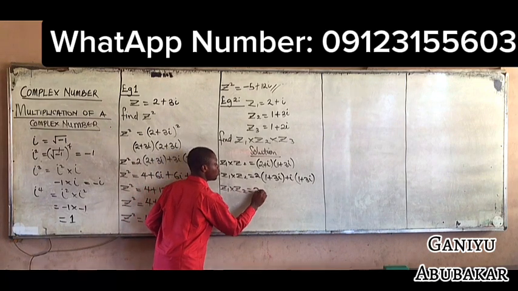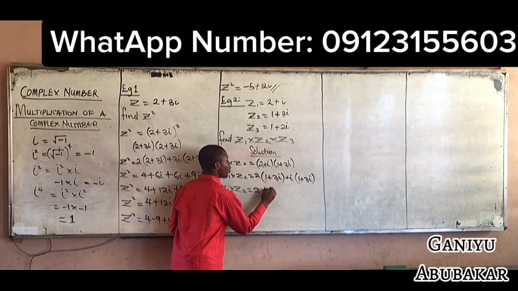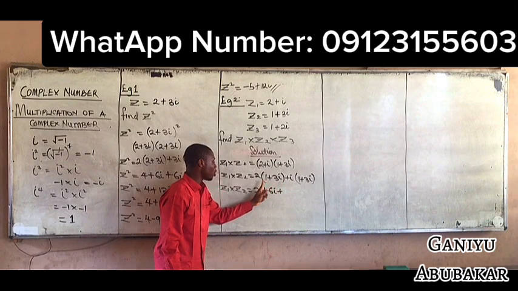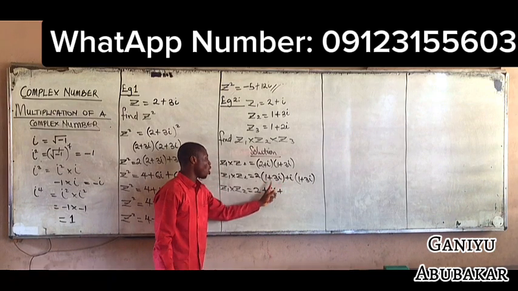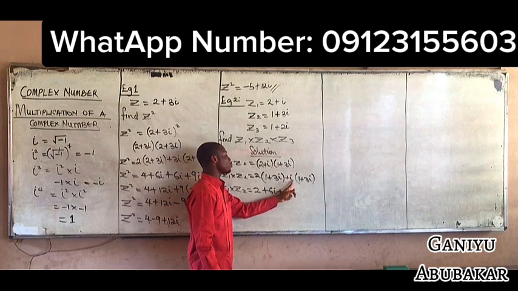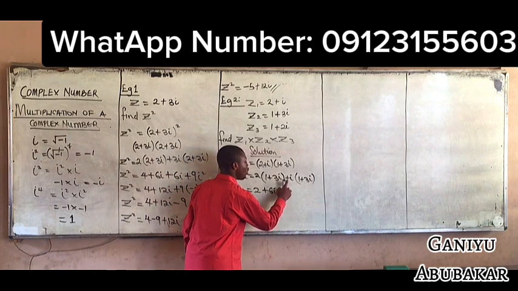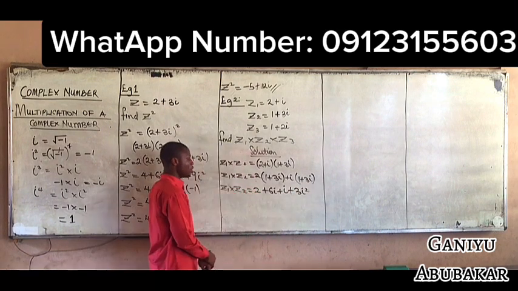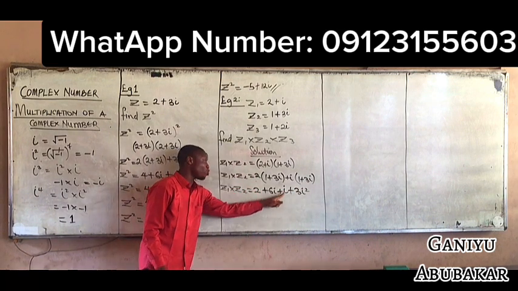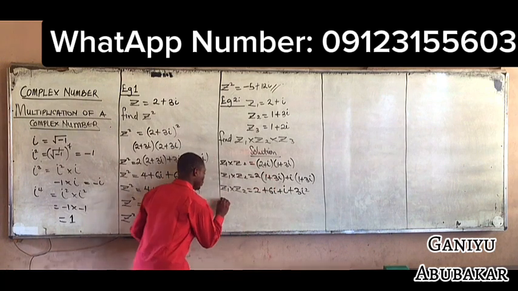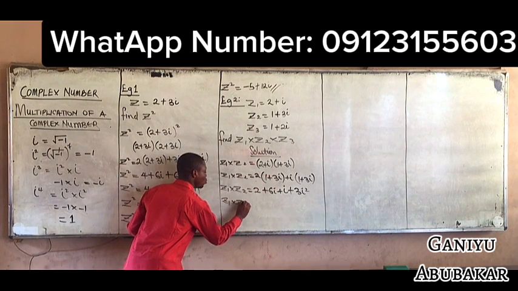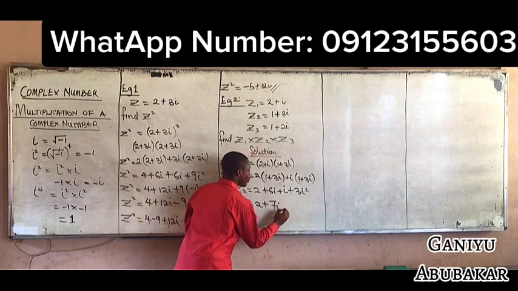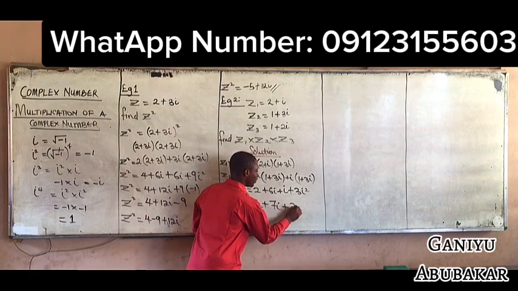So z1 times z2 will be equal to 2 times 1 becomes 2, plus 2 times 3 becomes 6i, plus i times 1 becomes i, plus i times 3i becomes 3i squared. From here, 6i plus i becomes 7i, so we have 2 plus 7i, plus 3 into i squared.